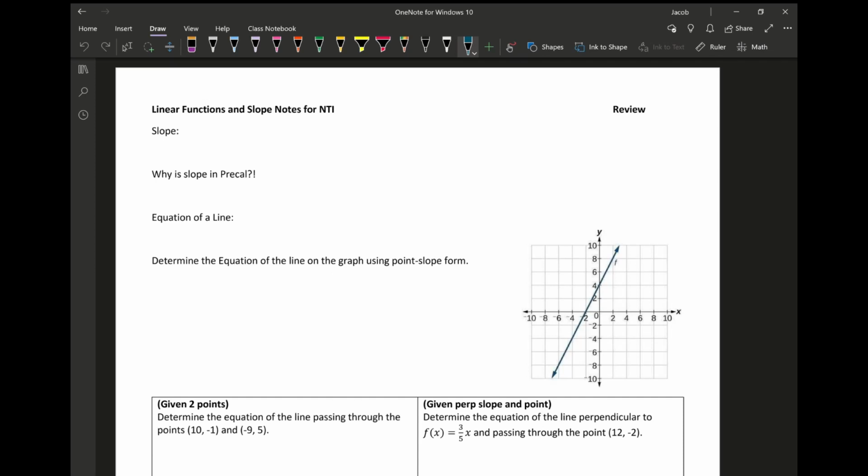So, starting this off with the review of slope. Slope, its variable is normally m, and you recognize it as rise over run, delta y over delta x, where delta means change in y over change in x.